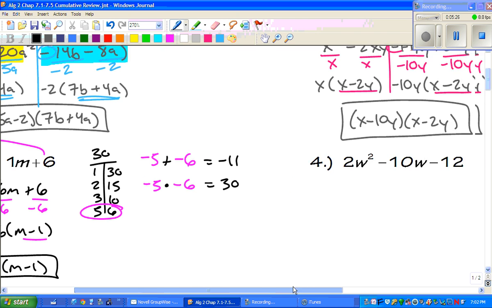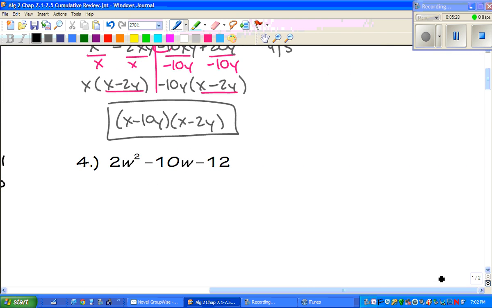Okay, now we've done a couple together. I'll start you off with 4, and then you guys are going to finish it yourself. So, remember, the first thing you always ask is, is there a GCF? And for this one, there is. We can divide a 2 out, and then you're left with w squared minus 5w minus 6.